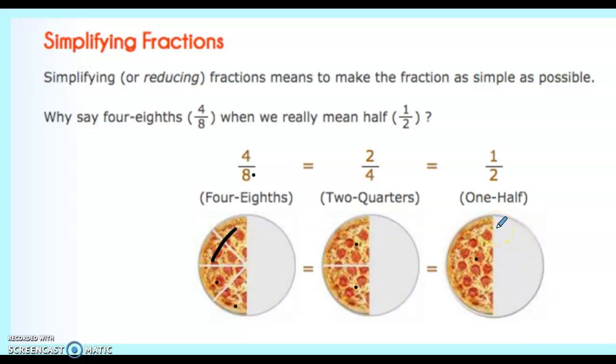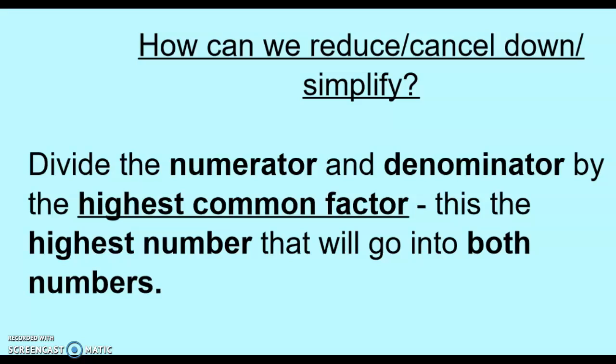So we just reduce down the fractions, still the same amount of pizza, but we can write it in a much simpler way, by saying half. When we reduce down our fractions, we need to divide the numerator and denominator by the highest common factor. Whatever we divide the numerator by, we divide the denominator by too. The highest common factor is the highest number that goes into both numbers.